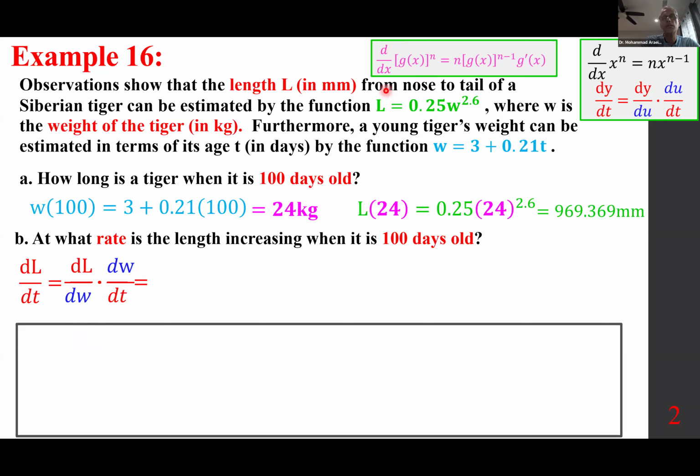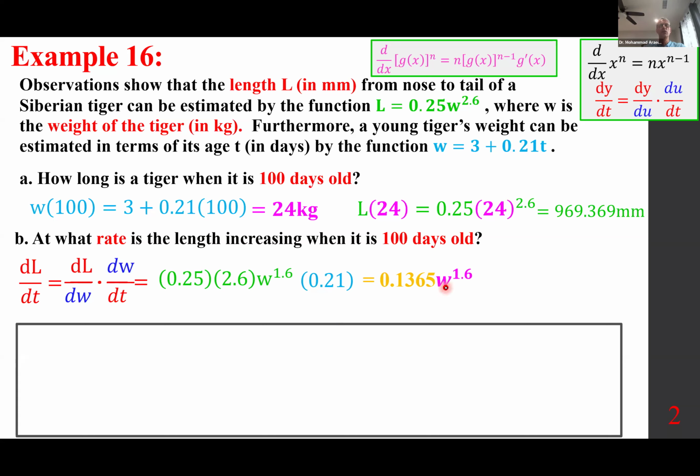So we're going to take this and differentiate it with respect to the independent variable W, which becomes 0.25 times 2.6 W to the power of 1.6. And then times dW/dt, the derivative of this guy is just 0.21. The product of these three numbers, we put it in front. Now, you could replace the W with 3 plus 0.21 t if you want a function of t.